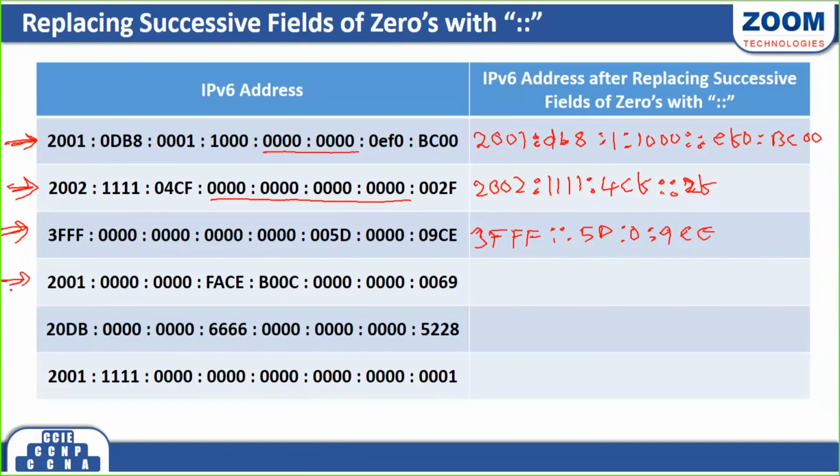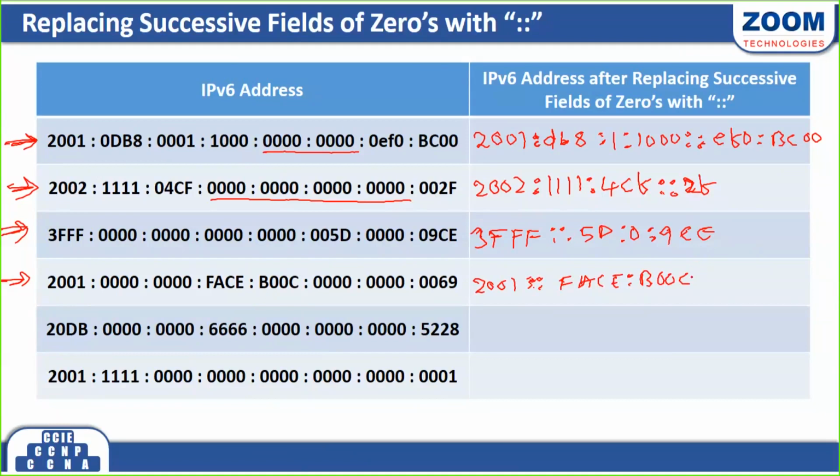Next example. 2001, double colon, FACE, B000, B, BC, B00C, then zeros, then double colon and 69.